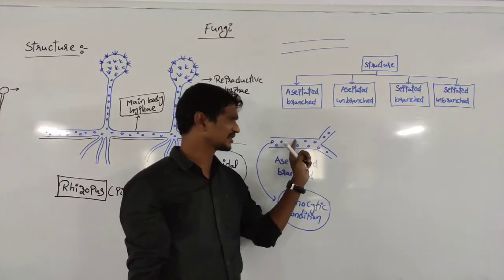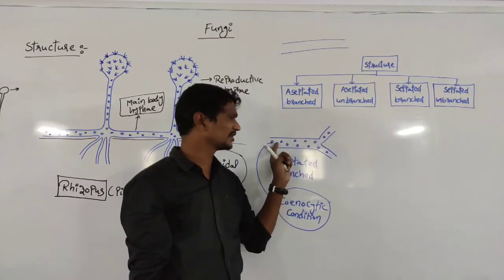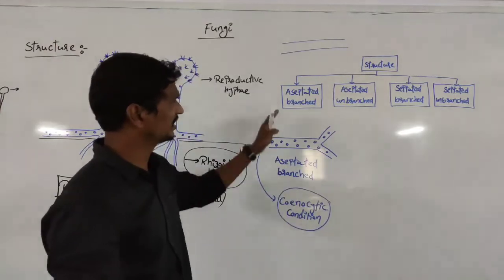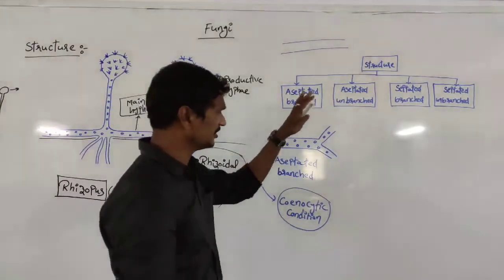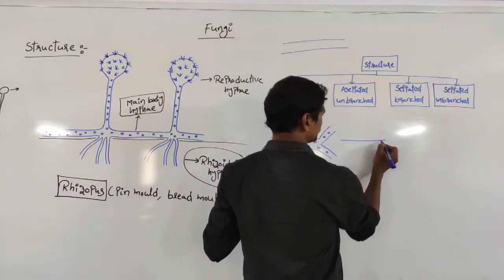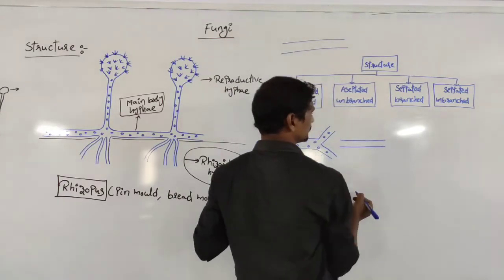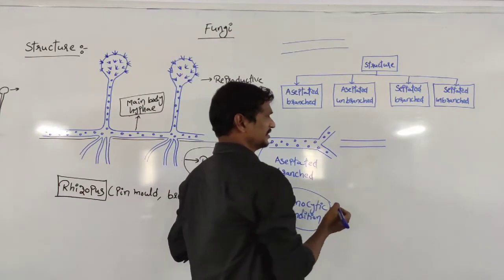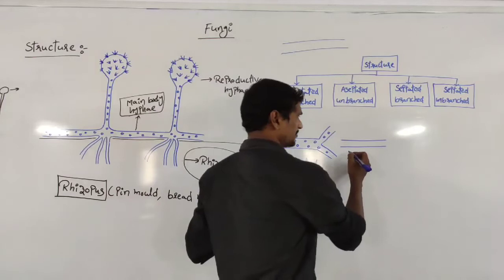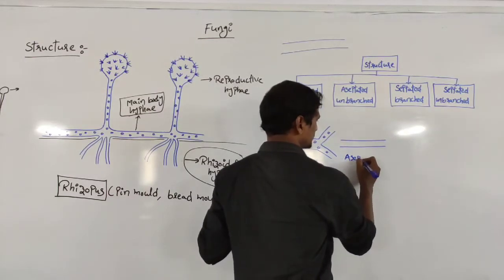Remember here, cytoplasm is present, cross walls are absent, and many nuclei are present. Right? That is about aseptated and branched. And this is a very simple one. Within this case, this is the mycelium. Here septa are absent, so that one is aseptated.